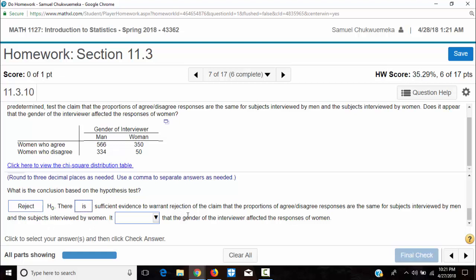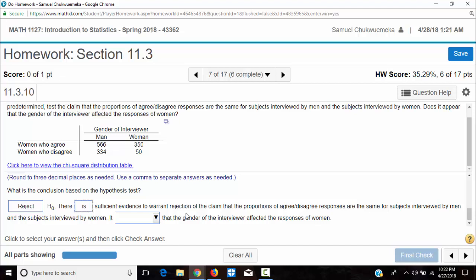Once you reject the null, it appears there's some bias. Because the null is that they are independent, that the proportions of agree or disagree responses are the same. If you reject the null hypothesis, that means you're supporting the claim of the alternative. We don't say accept. We don't use that word in hypothesis testing.